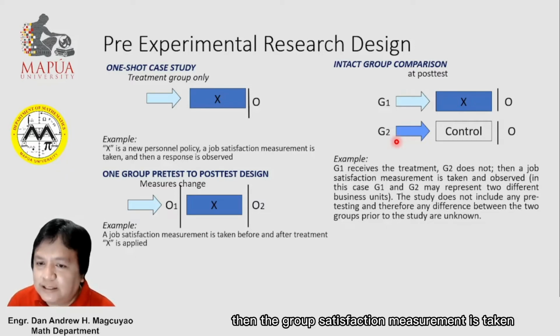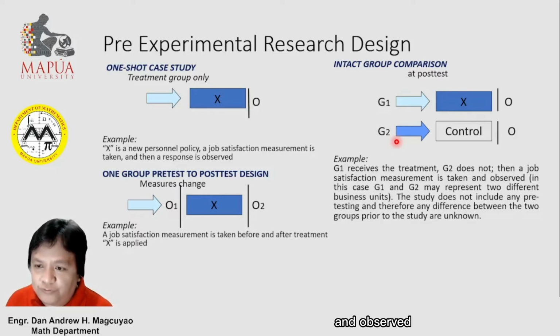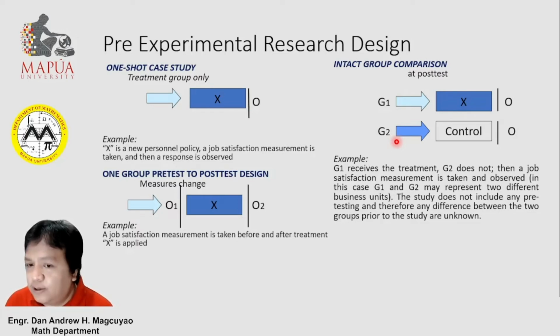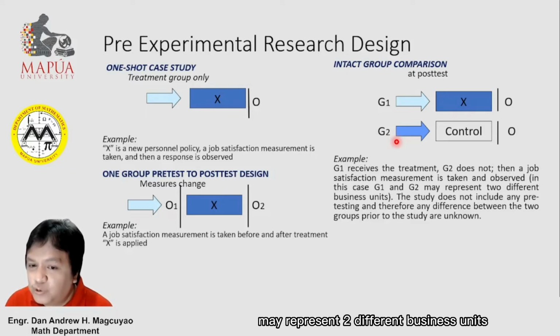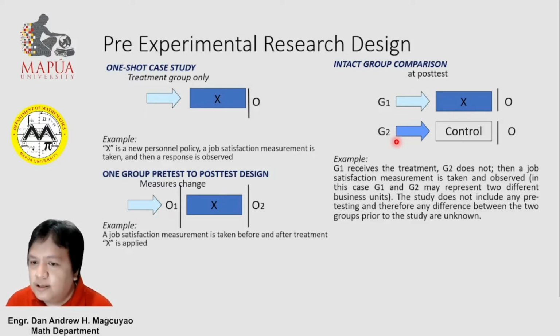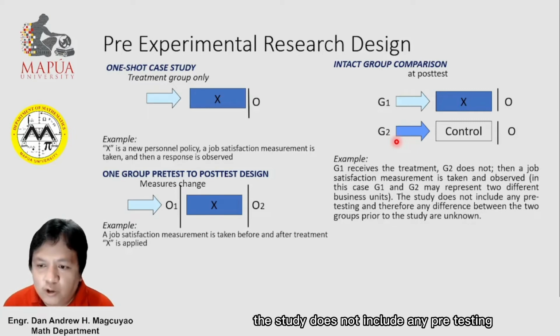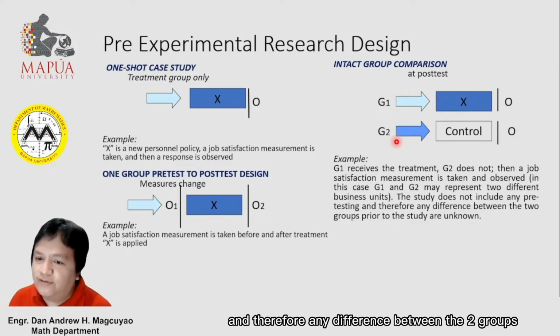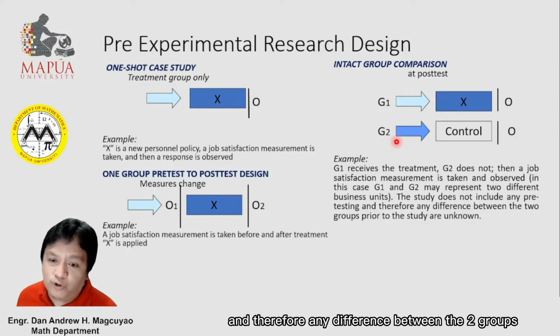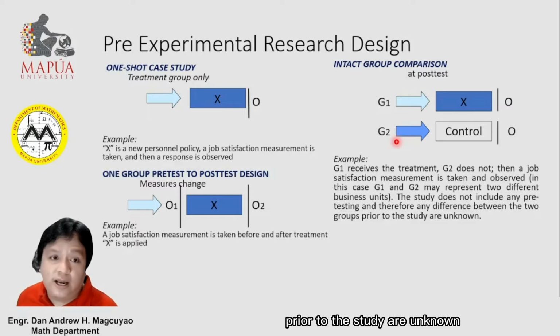Then the group satisfaction measurement is taken and observed. In these cases, group 1 and group 2 may represent two different business units. The study does not include any pre-testing, and therefore any differences between the two groups prior to the study are unknown.